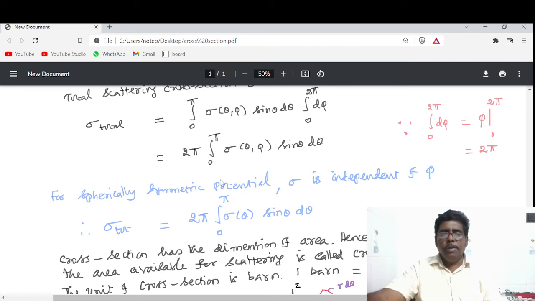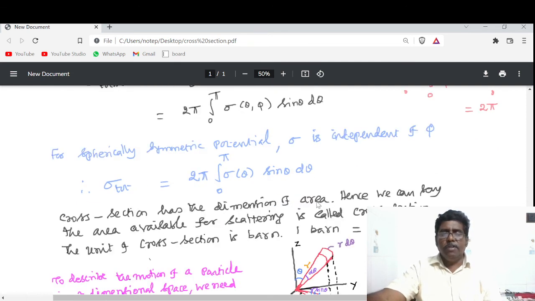That is called a spherically symmetric potential. In the case of a spherically symmetric potential, only one angle is sufficient to describe the motion of the particle. That angle is theta. No need for phi. Therefore, sigma of theta comma phi is changed to sigma of theta. Sigma total is equal to 2 pi into the integral from 0 to pi of sigma of theta sin theta d theta, which is the value of total scattering cross section.